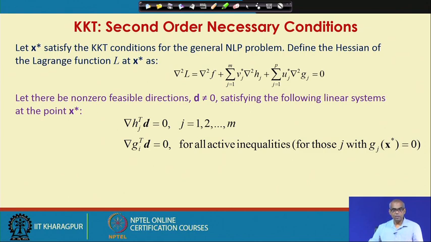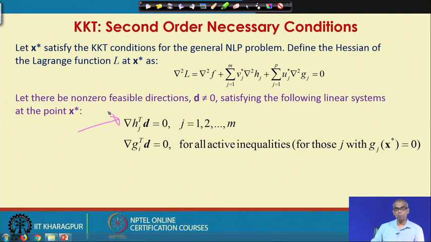Let there be non-zero feasible directions d not equal to 0, which satisfy the linear systems as shown at point x star. That means these linear systems: the gradient of the equality constraints times the feasible direction d.